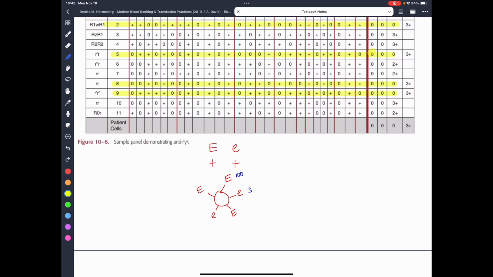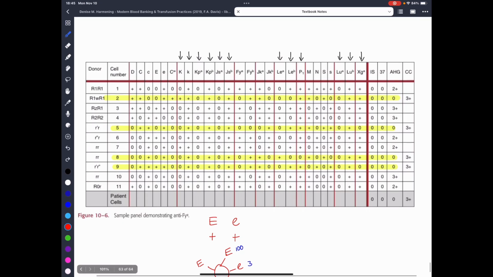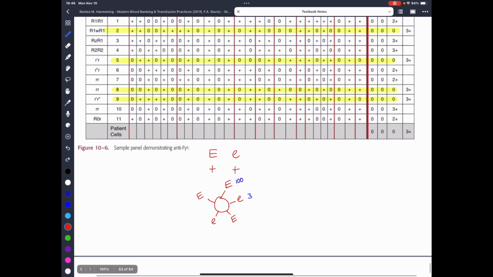So maybe we get a false 0. That's what dosage means, that the reaction of a heterozygous individual may not be that good of a reaction when testing for antibodies in an antibody panel.